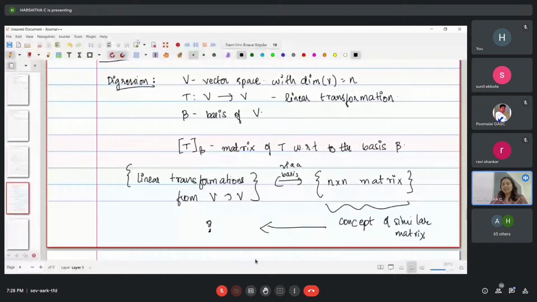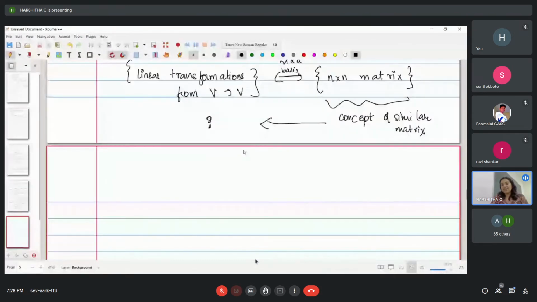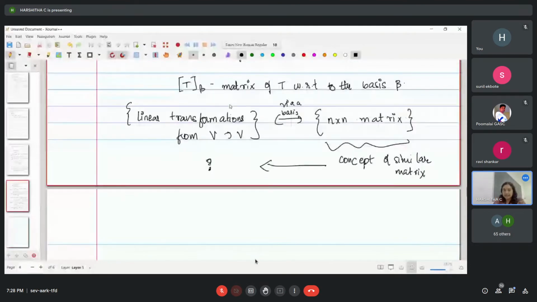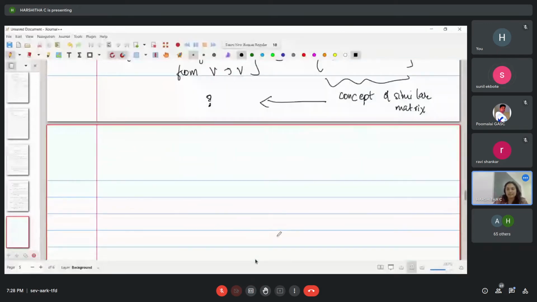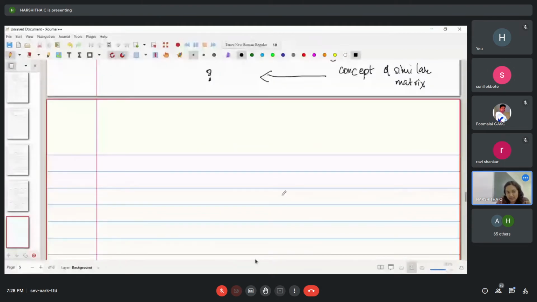So what happens when you take similar matrices? We have a linear transformation, you fix a basis, and you get a matrix, right? Taking similar matrices actually corresponds to changing the basis. What I mean is, you have this T from V to V and suppose we have two bases.